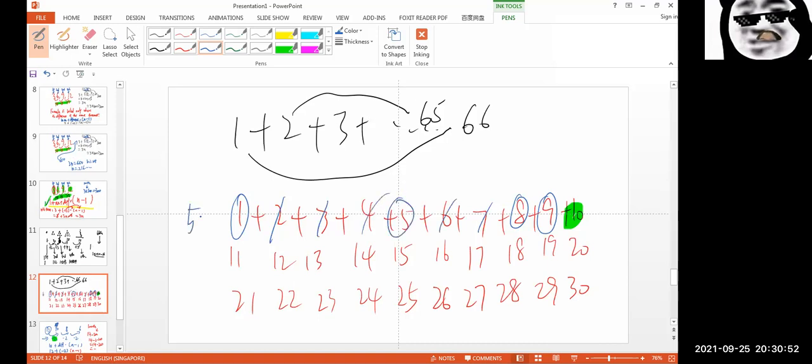This will give you 55 already. Then 20, 120. It looks like it's better to arrange it this way: 45, carry after 10, bring it below.